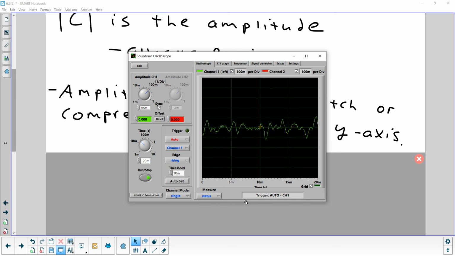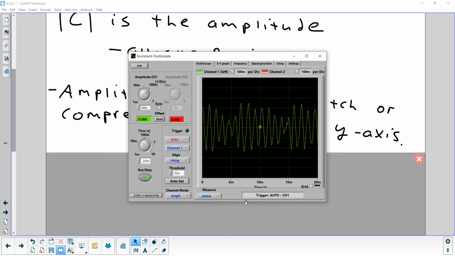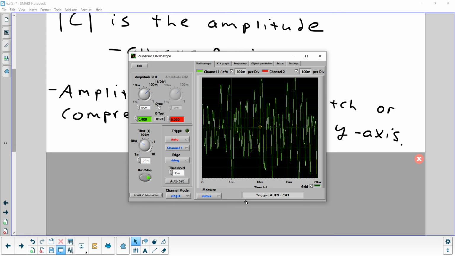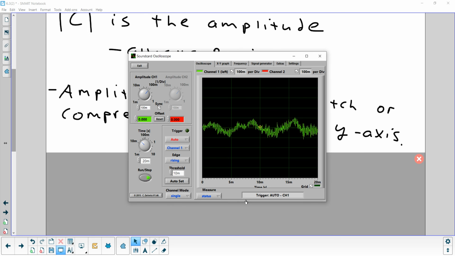So you can see as I get louder, the wave got louder. I tried not to change the pitch, but with my mask on, it's hard to whistle. So that was a nice sine wave. Hopefully you could see it when it was quieter because it wasn't maxing out on the screen.